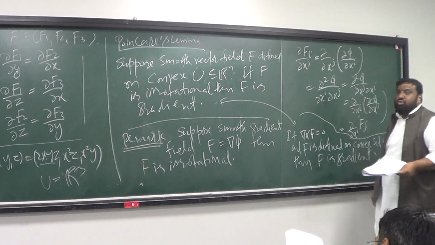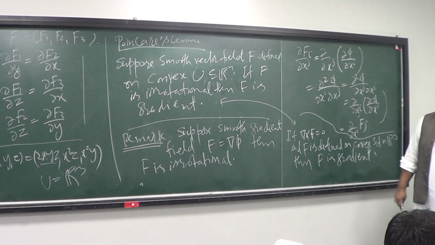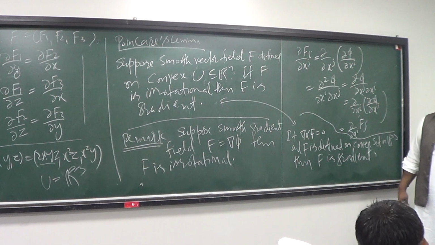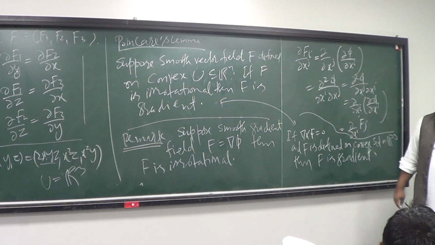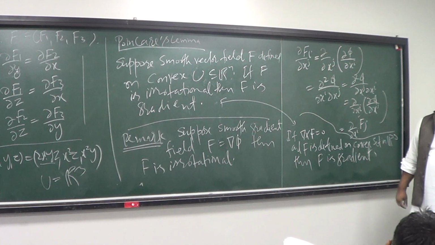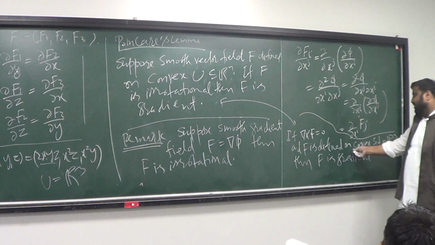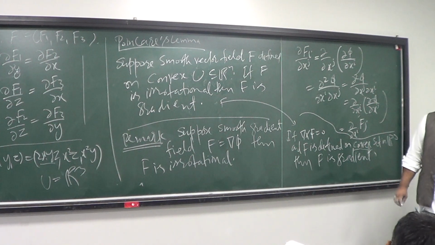In other words, to know in 3 dimensions whether a field is the gradient of some scalar field or not, just check whether its curl is 0 or not. But obviously you need to have convexity as an important condition.